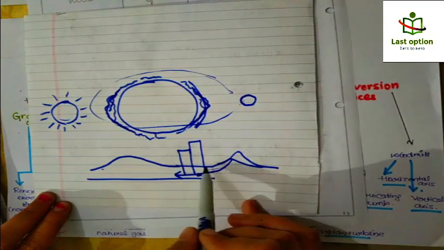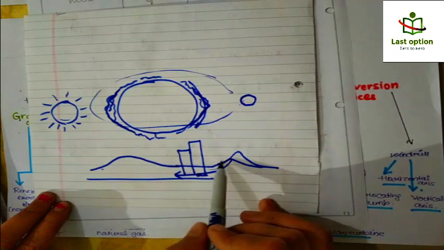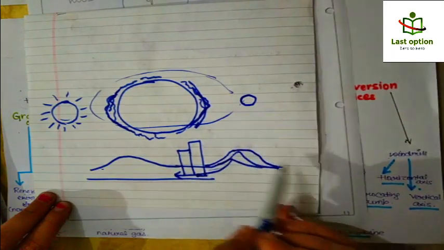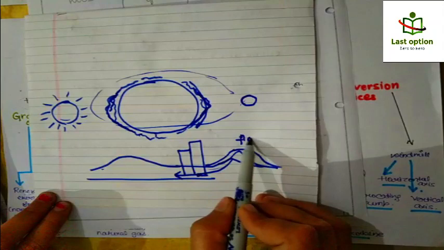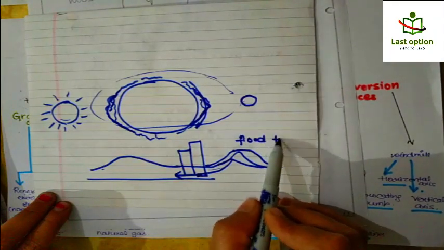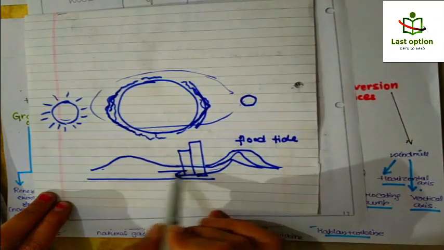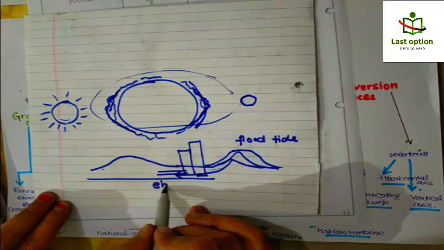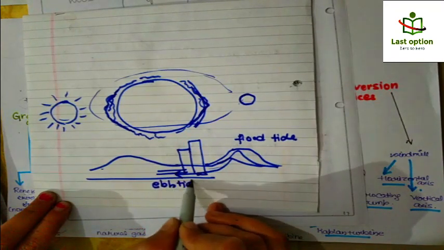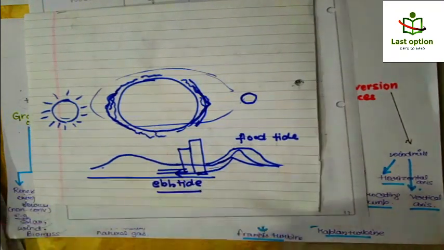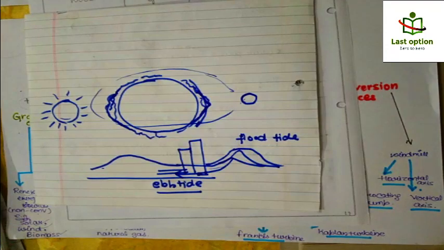Also remember, if the water level is above this, it is known as flood tide, and if the water level is below, it is known as ebb tide. So this is how tidal energy is generated and produced.